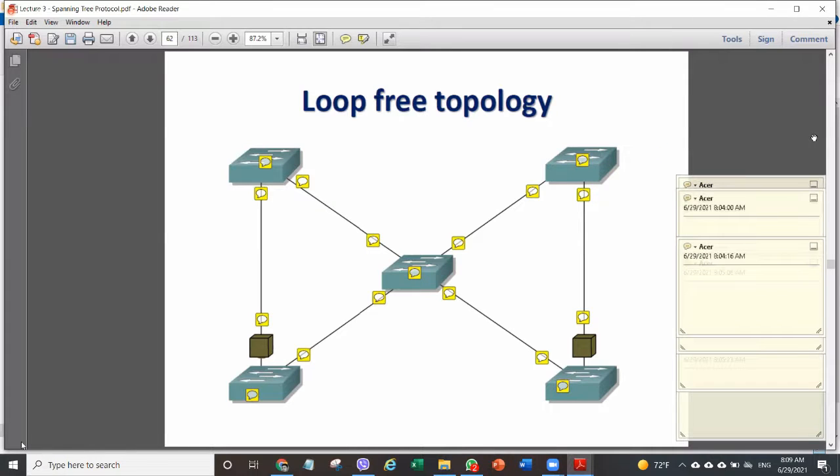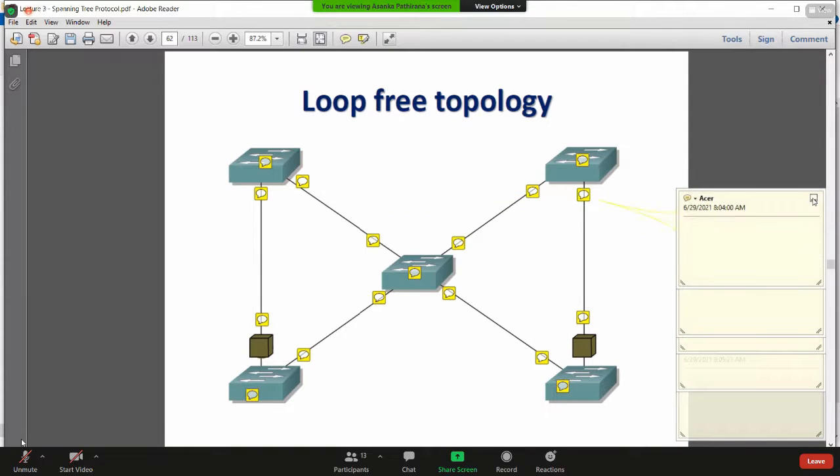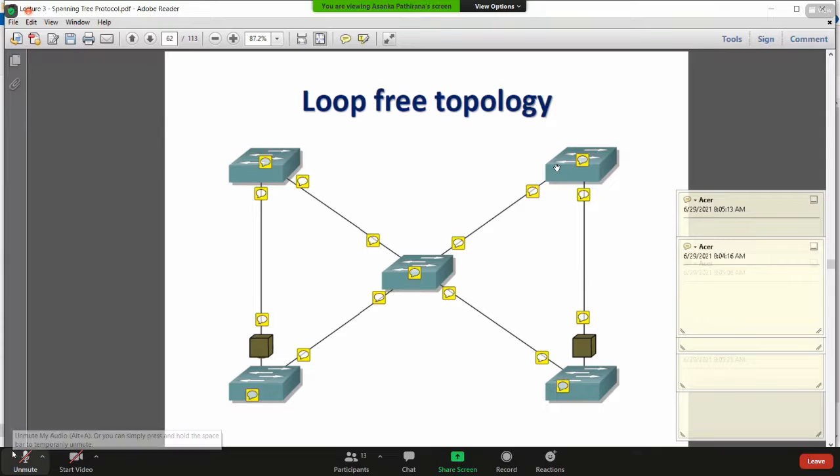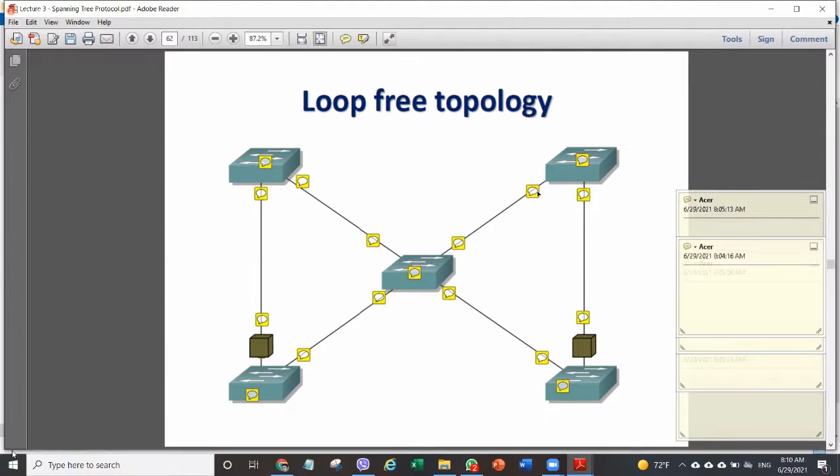So what is your understanding? Left up corner destination bridge, this one, or right or left? Right and left both are.